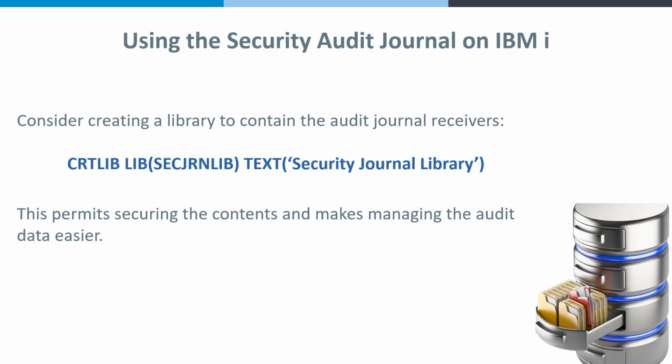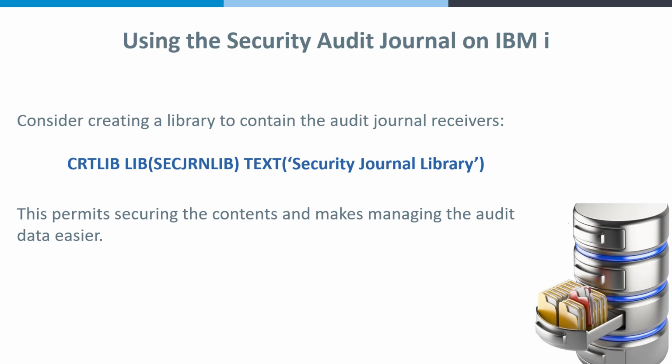One of the common recommendations that I give to people is that you may want to consider creating a library to contain the audit journal receivers. If you haven't had much exposure to audit journals and audit journal receivers, think of an audit journal as the funnel over a conveyor belt, and the receiver is the container that sits underneath it that actually receives the data. That's where the audit information is going to live.